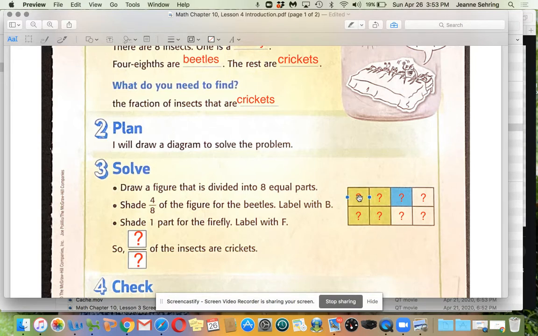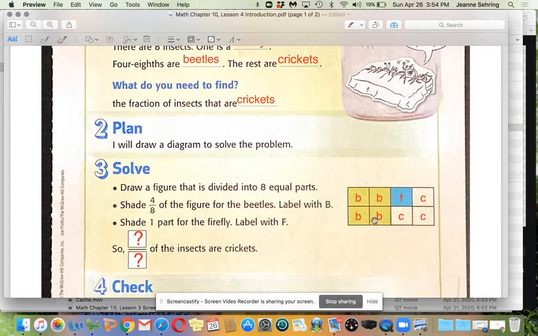In this box, I have a beetle. In this box, I have a beetle. This box is a beetle. This box is a beetle. This last box is a firefly. These guys are the crickets out here.